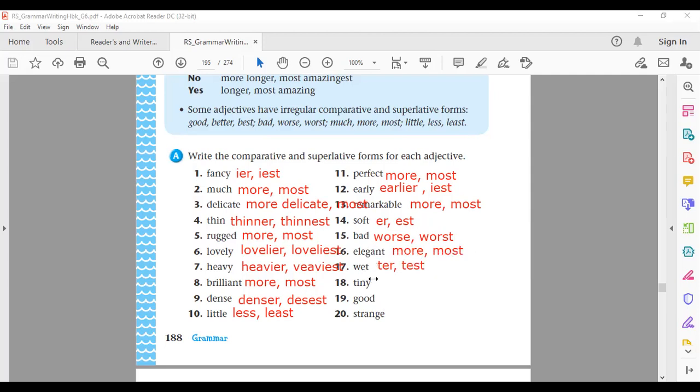Tiny, tinier and tiniest. Good, gooder? No, you will give me a heart attack. Good, better and best. Strange, stranger. Okay, I'm done.